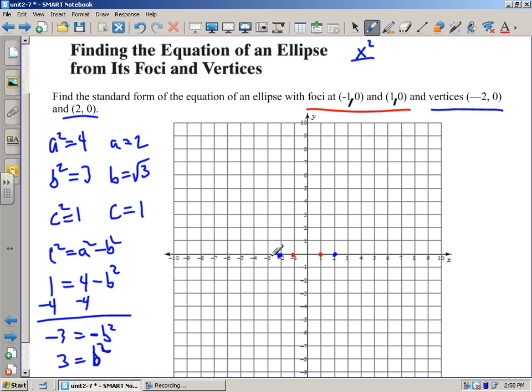Since they're on this major axis, that means that it's horizontal, right? So that's under x. So a squared goes under the x. So I have x squared over 4 plus y squared over b squared equals 1. That's all I need right there.